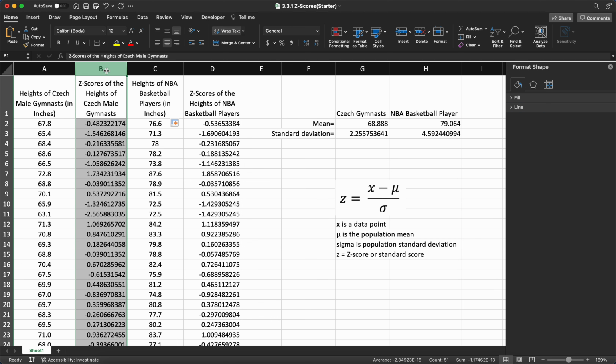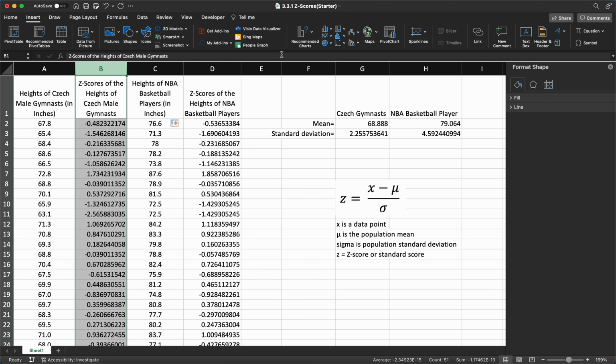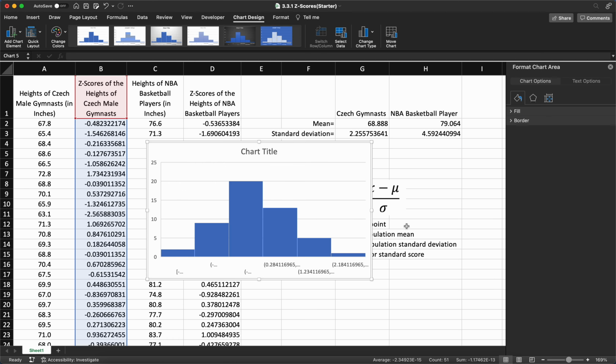So now if I were to graph a histogram of these data, you can see that the values along the bottom have shifted. And I'm going to change the bin width just so that the values are a little bit nicer to see.